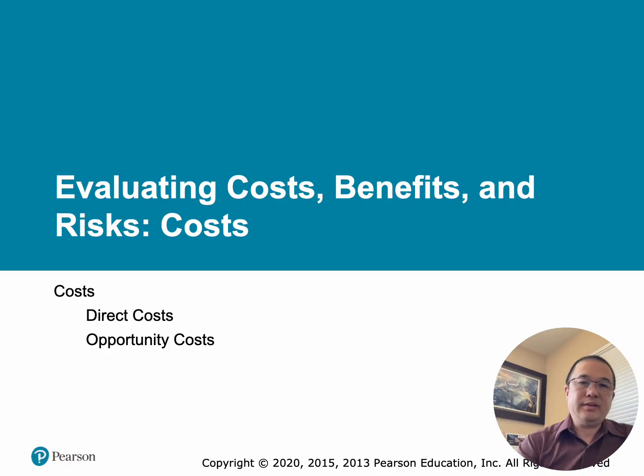Number one, direct costs. These are the actual measurable expenses required to enter and operate in a foreign market. Examples include building a factory or office, hiring employees, and marketing and advertising. Number two, opportunity costs. Opportunity costs represent the value of the best alternative that is not chosen.